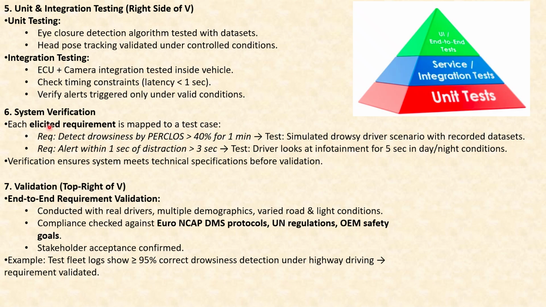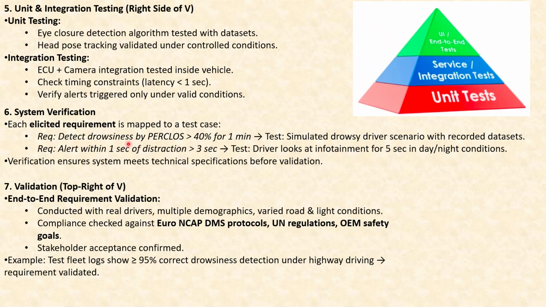Now talking about the system verification. Each requirement, each derived requirement, is mapped to a test case. First test case or use case is detect drowsiness by PERCLOS, which is an eyelid detection software. If it is greater than 40% for 1 minute, the test is to simulate a drowsy driver scenario with recorded data sets.